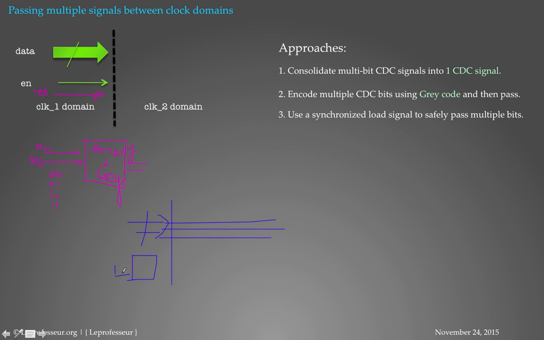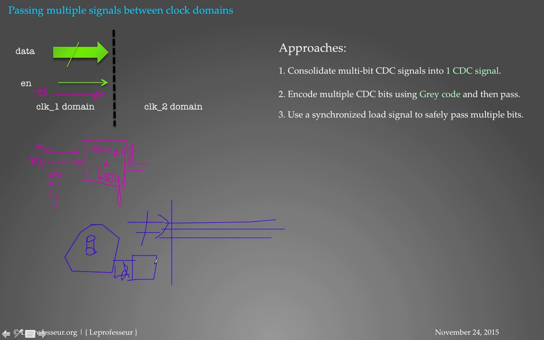Let's say a load signal. So you have generated a load signal along with this data bus. You can use some state machine logic or whatever logic you want to write.